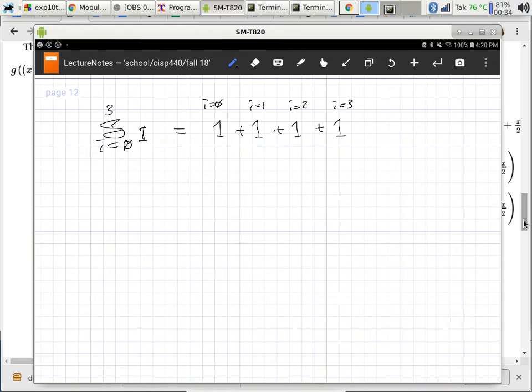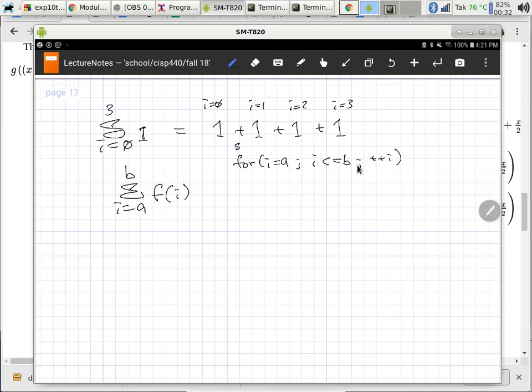So I'll give you one more tool. If I give you a very general sum, i goes from A to B, and this time I don't even tell you what we are summing over, except I say that this is a function of i. This is as general as it gets, right? So what is this calculating? I turn this into a loop. I say for i equals A, i is less than or equal to B, plus plus i.